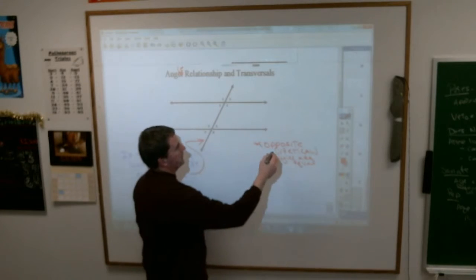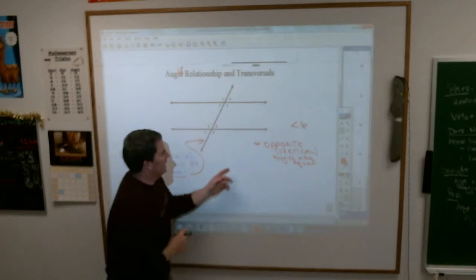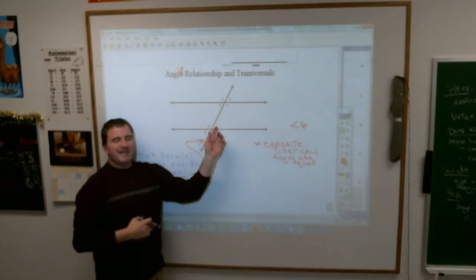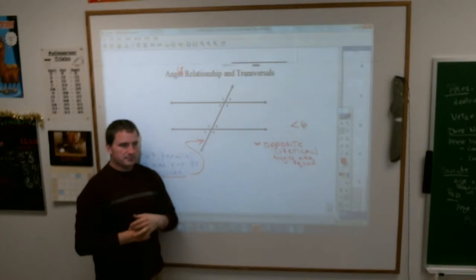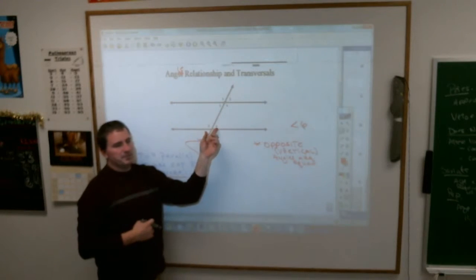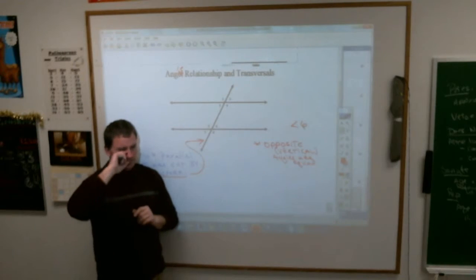Well, looking at this, angle 6, this angle right here, would be opposite of what angle? If you think about what the word opposite kind of means there. How do you describe opposite? Ryan, what do you think? Angle 6 is not opposite of angle 2, believe it or not. Not in our world.